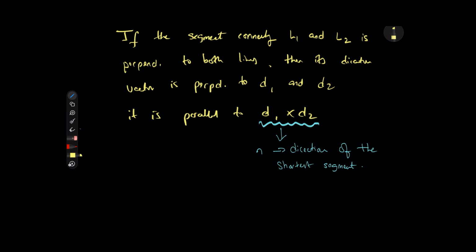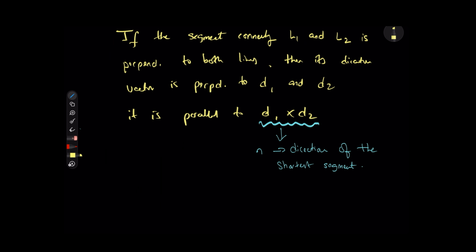Now we have set up more or less our understanding. Just to recap, we considered a vector from P1 on L1 to P2 on L2.